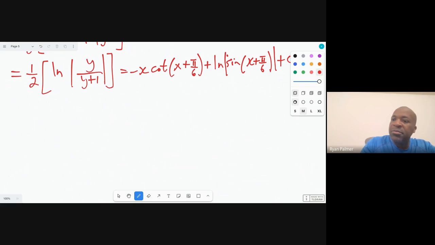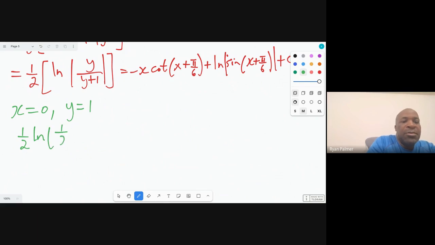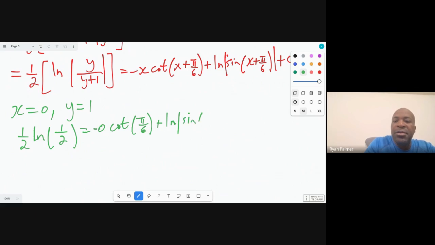So when x equals 0, y is equal to 1. On the left-hand side, we're going to have half ln of 1 over 2, which is equal to minus 0 cot pi by 6, plus ln sine pi by 6.